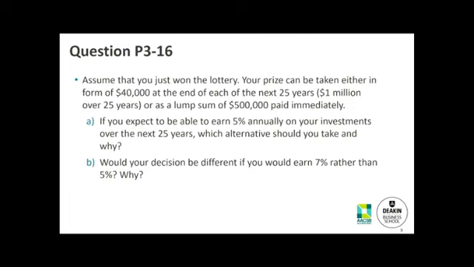Same question, but part B. Would your decision be different if you would earn 7% rather than 5%? We still apply the same method, but now the interest rate is 7%. Am I right? What about the present value now?